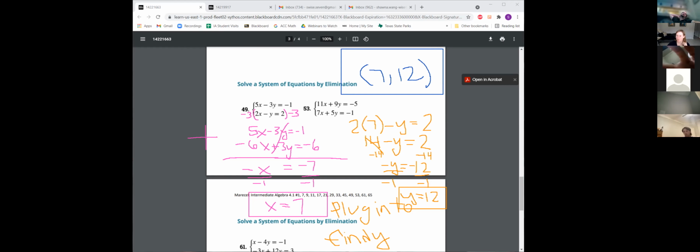I still don't understand how we got -3. Oh, because we wanted to get rid of one of the variables. So our options are, we have the 5x and the 2x, so we can try to make them the same and eliminate them. Or we have -3y and a -y.